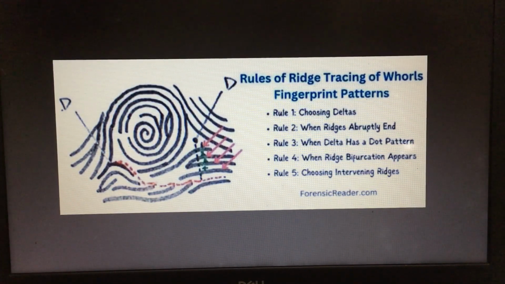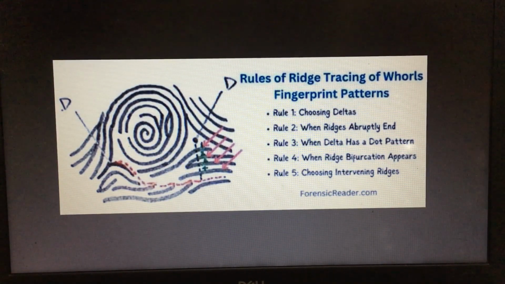Never begin the trace on a type line. Also, what I have said is the divergence area. Never begin here. This one, divergence. The trace is always begun exactly on the left delta.